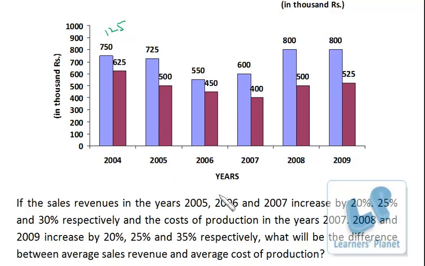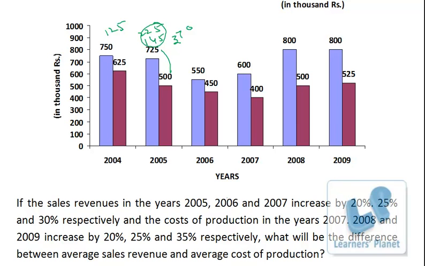In year 2005 the sales is increased by 20%, so the new sales will be 725 plus 1 by 5 of that, which is 145, so it is 725 minus 500, that is 225, 225 plus 145. Okay, so here the difference is 370.